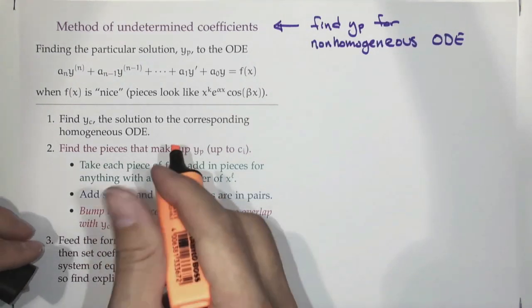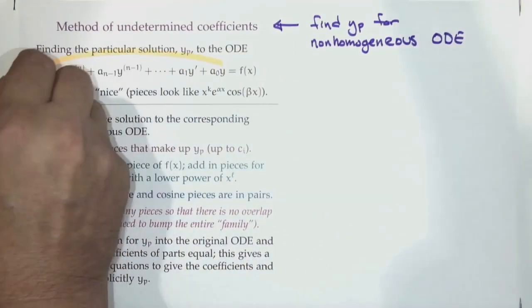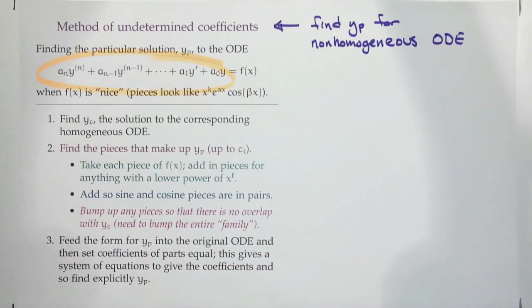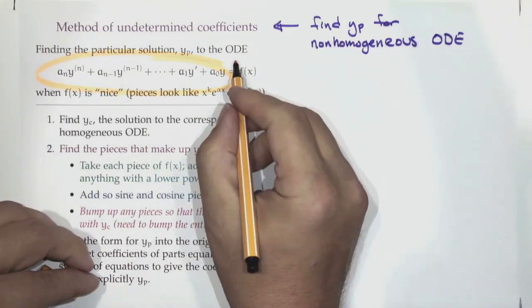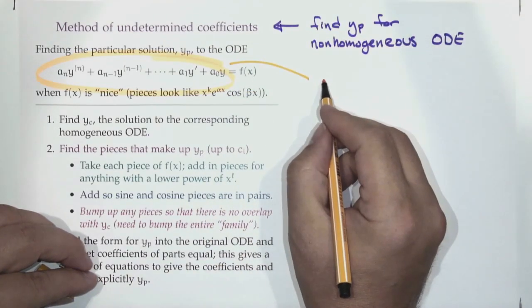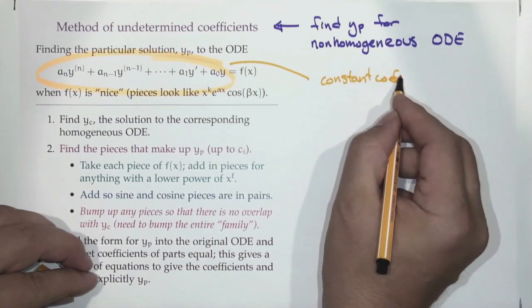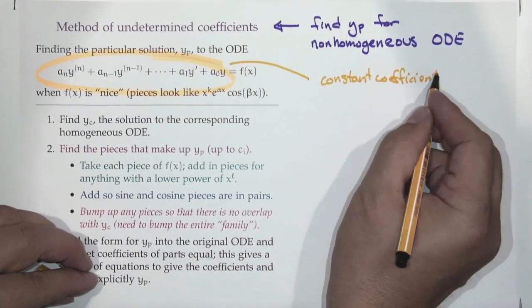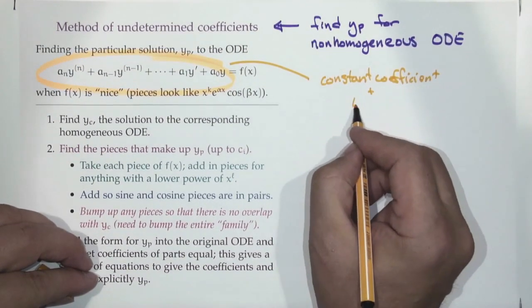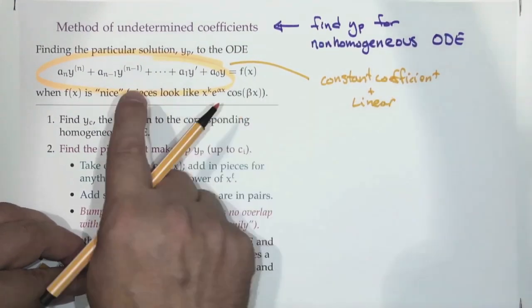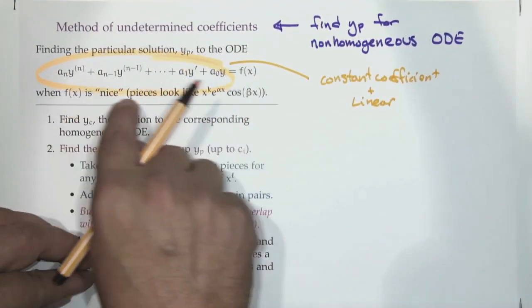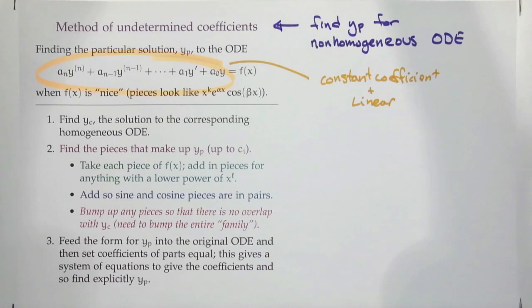Over here on the left-hand side, the kind of differential equation we have is our favorite kind. So we need to have constant coefficient, and then of course we throw in the usual suspects and, well, linear. It's not homogeneous because there's f of x, but we need something that's constant coefficient. Otherwise we can't use this technique. It won't work.